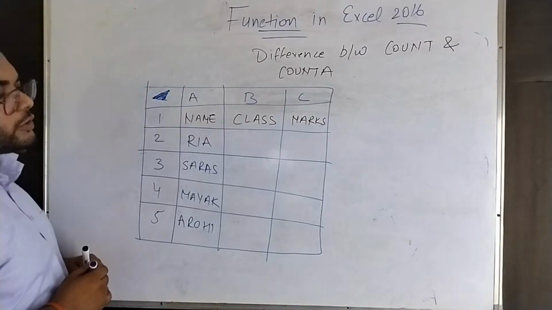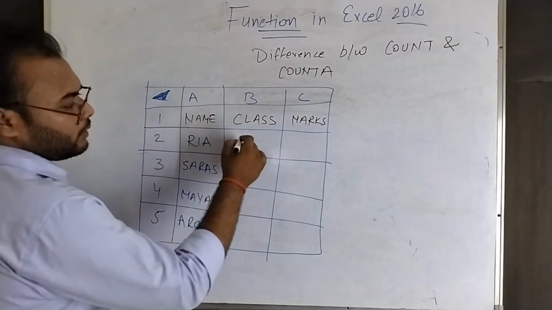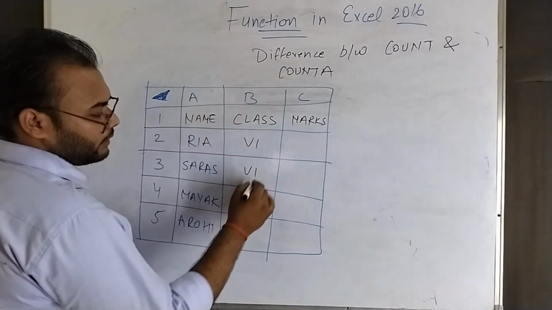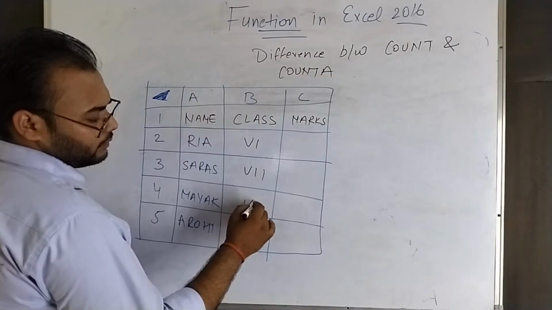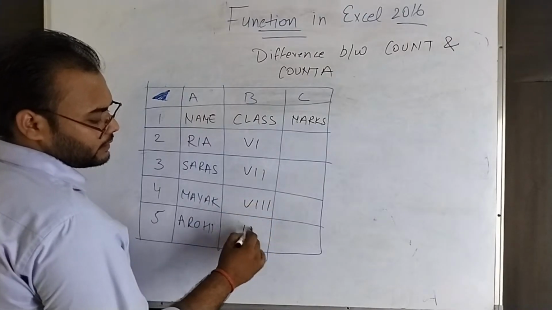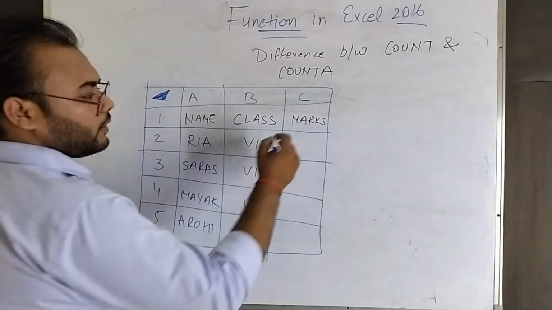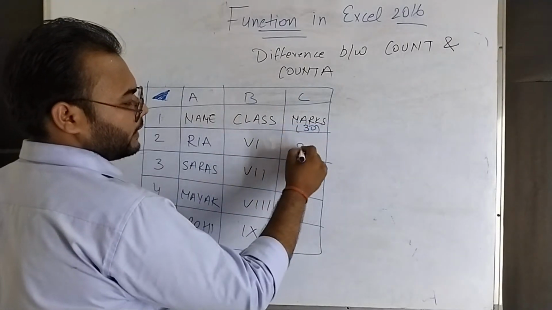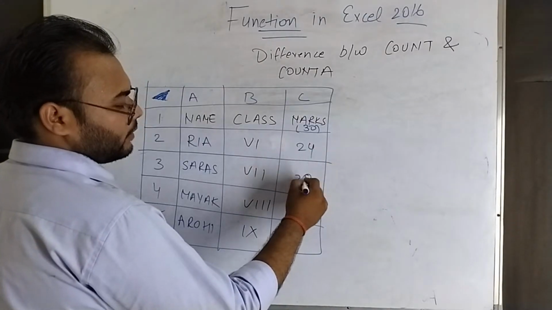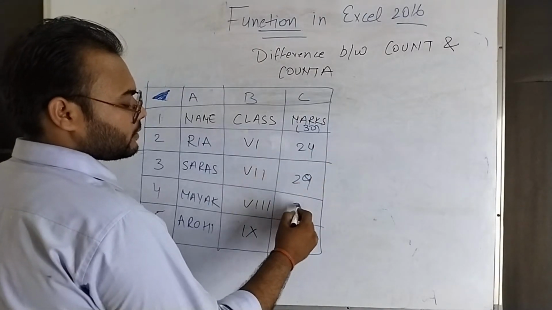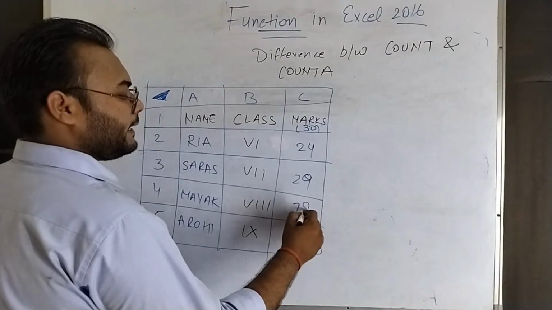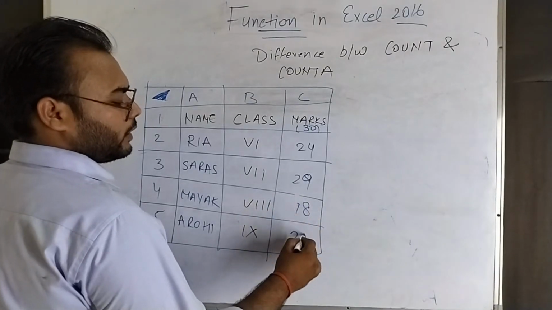These are the 4 students we have taken from the classes 6, 7, 8, and 9. I've entered the marks out of 30: 24, 29, 18, and 20.